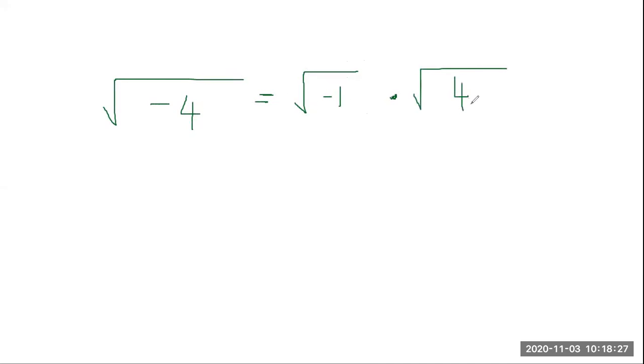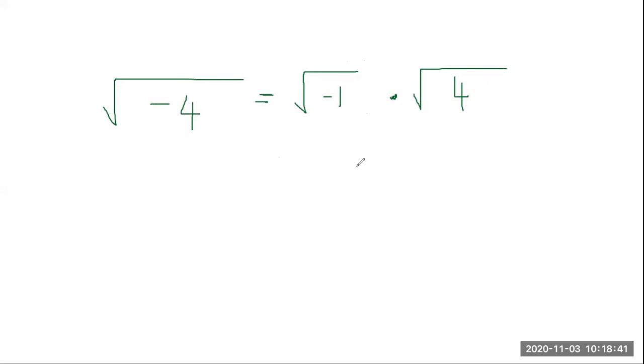So say for instance, we had the square root of -4, okay? First thing I'm gonna do, I'm gonna break this up and make it the square root of -1 times the square root of +4.